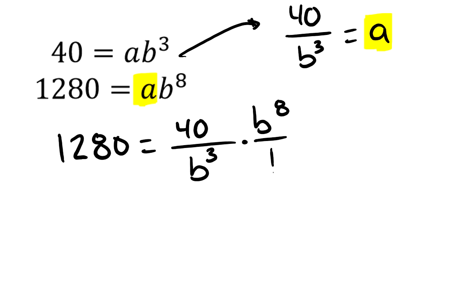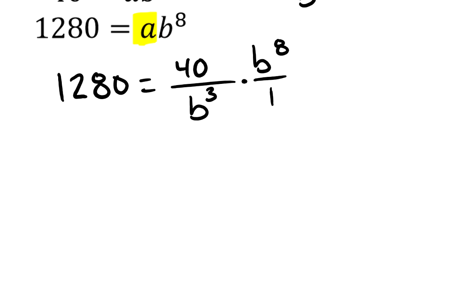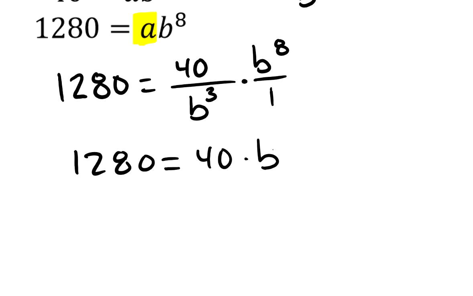In fact, we do ones that are so much more complicated. We don't even break a sweat here, right? So if I've got b to the 8th over b to the third, that's just b to the 5th power. I can simplify that all day. So this becomes 1280 equals 40 times b to the 5th power, right? B to the 8th divided by b to the third is b to the 5th.